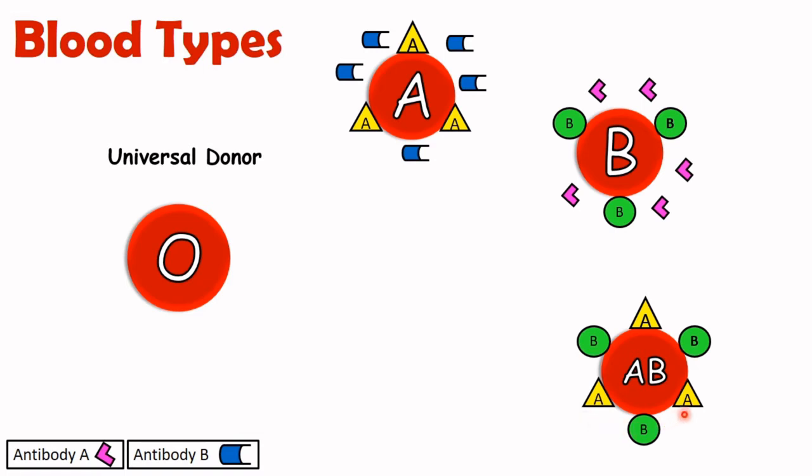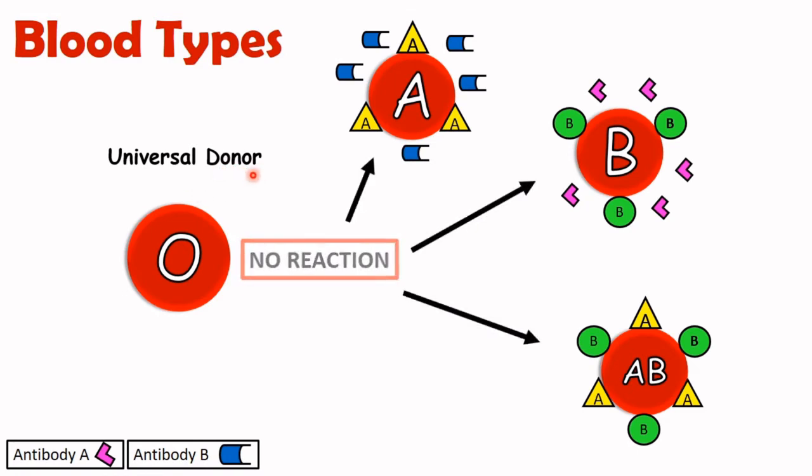This makes type O blood a universal donor. The way we want to remember is the O in the donor, O donor. Both of the O are present: zero antigens, universal donor.